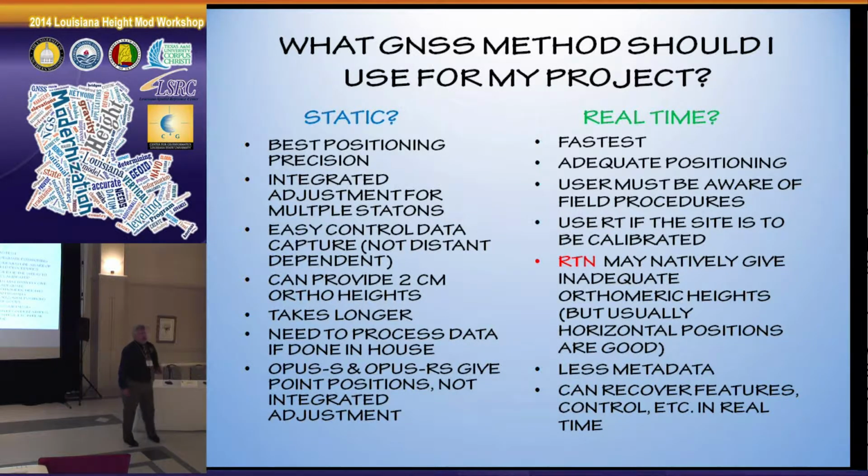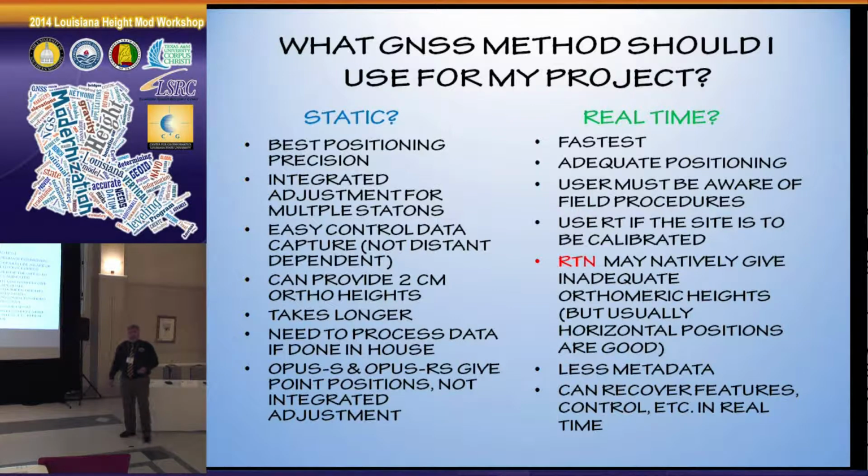But you have to know the accuracy needs of what you're doing before you decide what tool you're going to use. Static takes longer. You have to have somebody that can post-process the data. If you use OPUS, Online Positioning User Service, what do you get? You get 1 point. You don't get any network adjustment, right? So each point is an isolated point position, which is okay, but it's not as good as a multi-session adjustment.